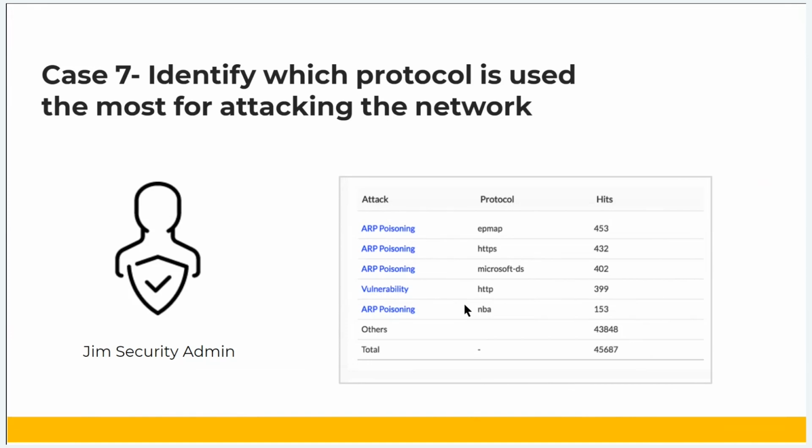And Jim's company wants to know which protocol is being used by the hackers to try to hack into the network. So they want him to compile a list of attacks that are happening on the network so that they can take adequate measures to prevent that from happening. So let us look at how Jim identifies this using Firewall Analyzer.